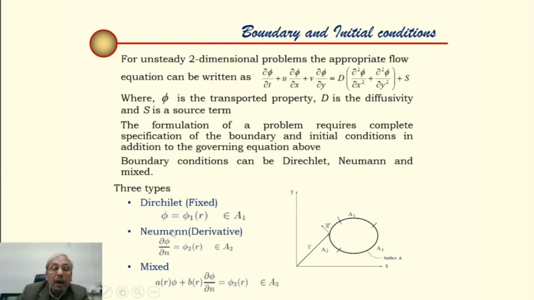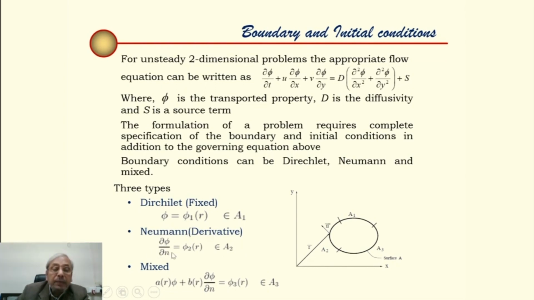Neumann condition is where the derivative of the dependent variable is known, like A2, this zone, which we have shown is a Neumann condition.